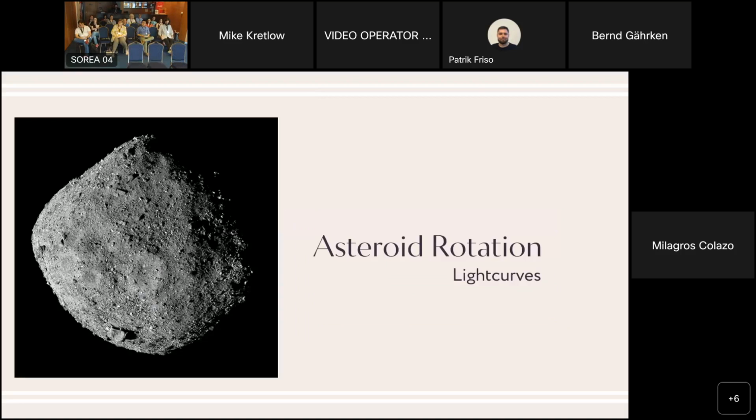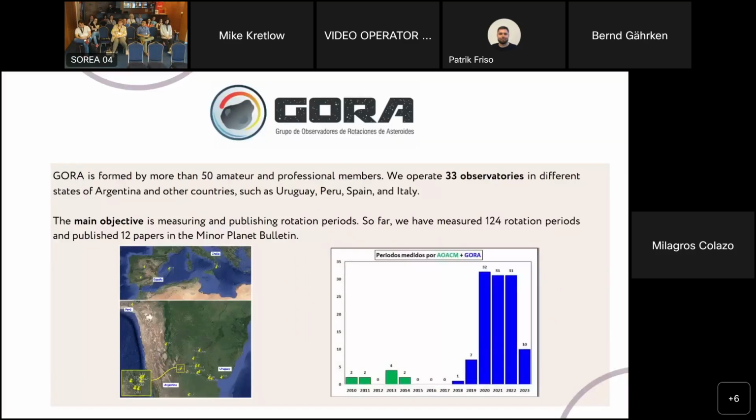I work with GORA, which is a group of about 50 amateur and professional astronomers. We operate 33 observatories in different states of my country, Argentina, and also other countries such as Uruguay, Peru, Spain, and Italy. The main objective of this group is to measure and publish rotation periods of asteroids.